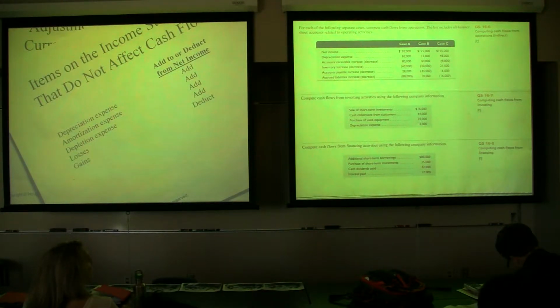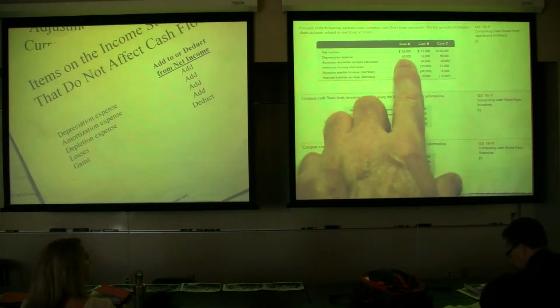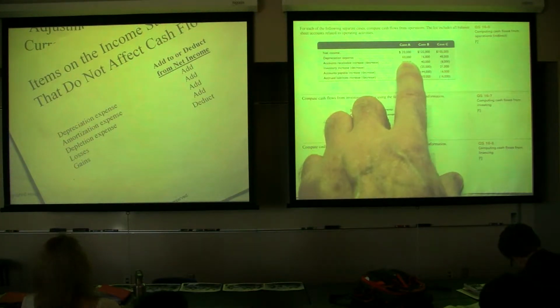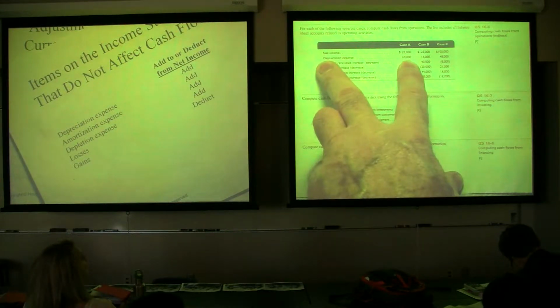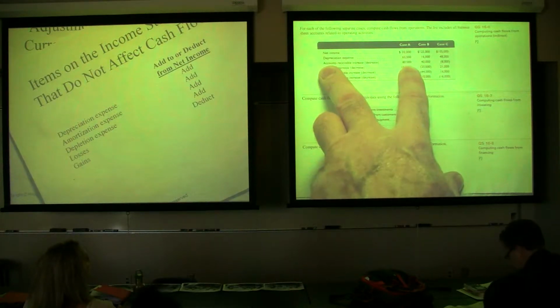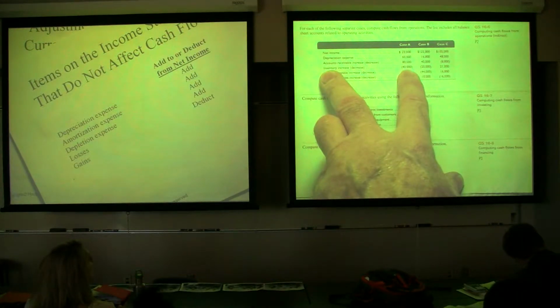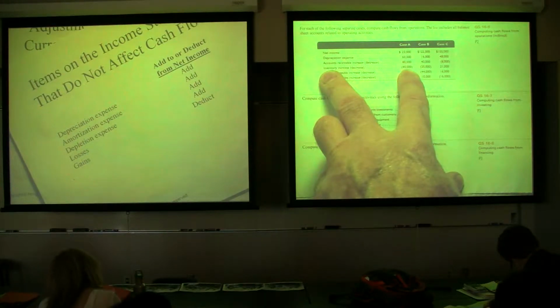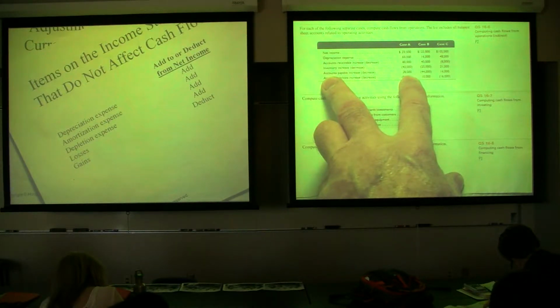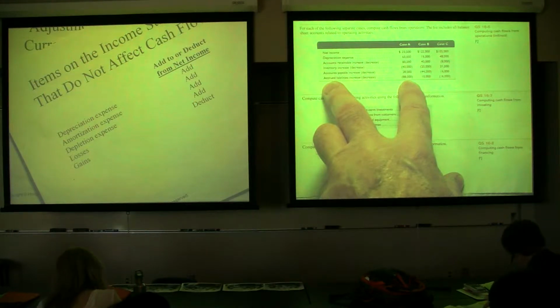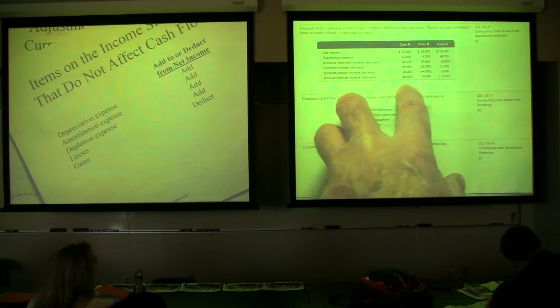The list includes the balance sheet accounts related. Okay, so let's take A. Here's the net income. Next is depreciation expense. What do you do with that? Next is accounts receivable. It increased. What do you do with that? Inventory decreased. Accounts payable increased. Accrued liabilities decreased. Okay? So how do you figure the net cash flow?